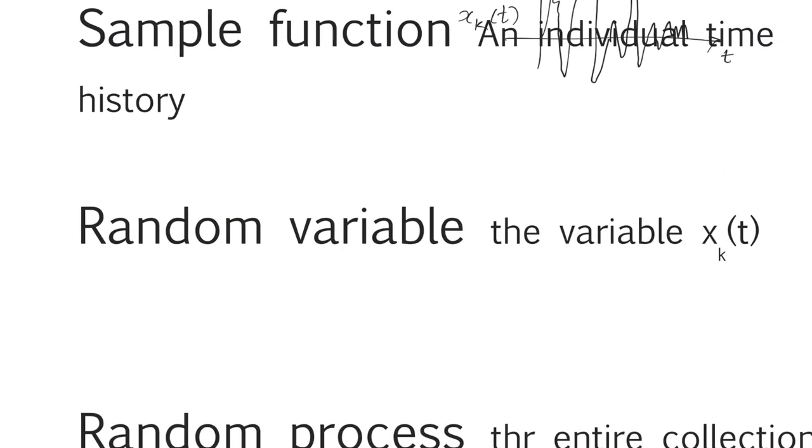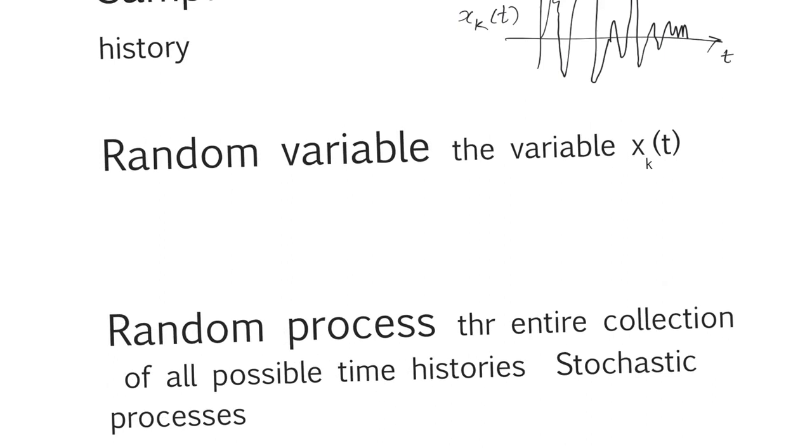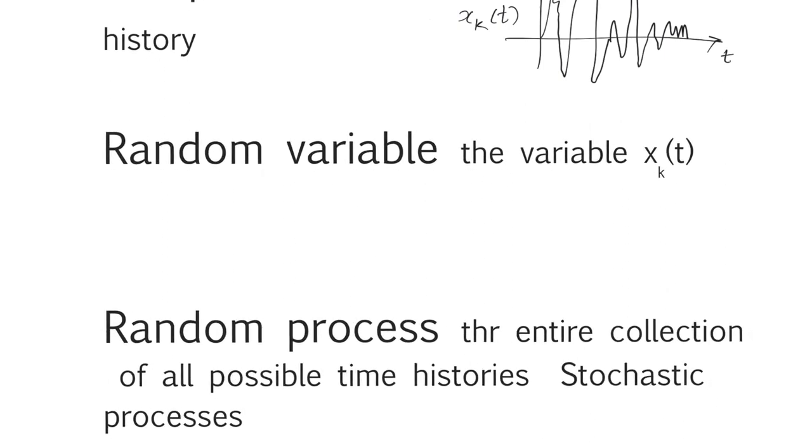And the entire collection of all possible time histories is known as a random process. It is usually denoted as {x_k(t)} using curly brackets. This conveys the set of all individual time histories. That is what a random process is constituted of.